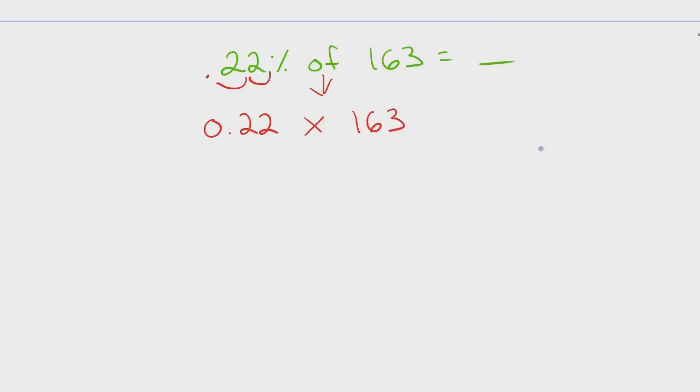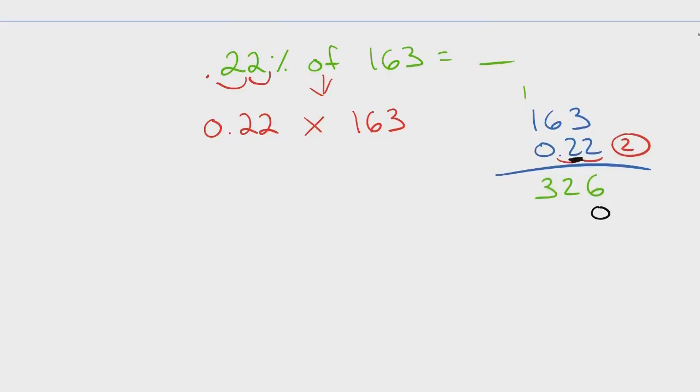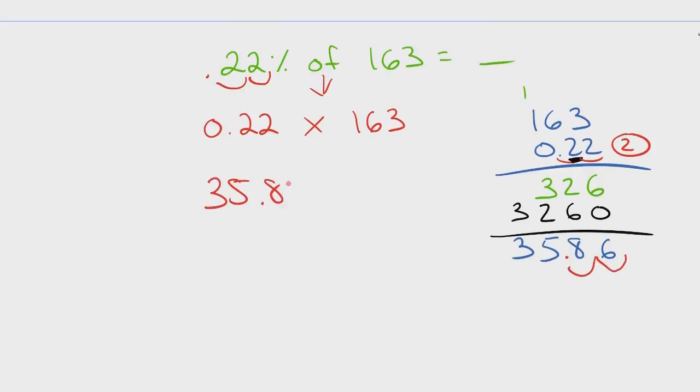So we just do a quick multiplication problem. So we get 35.86. And again, we need to round this to the nearest whole number. Since 35.86 is closer to 36, we write 36.